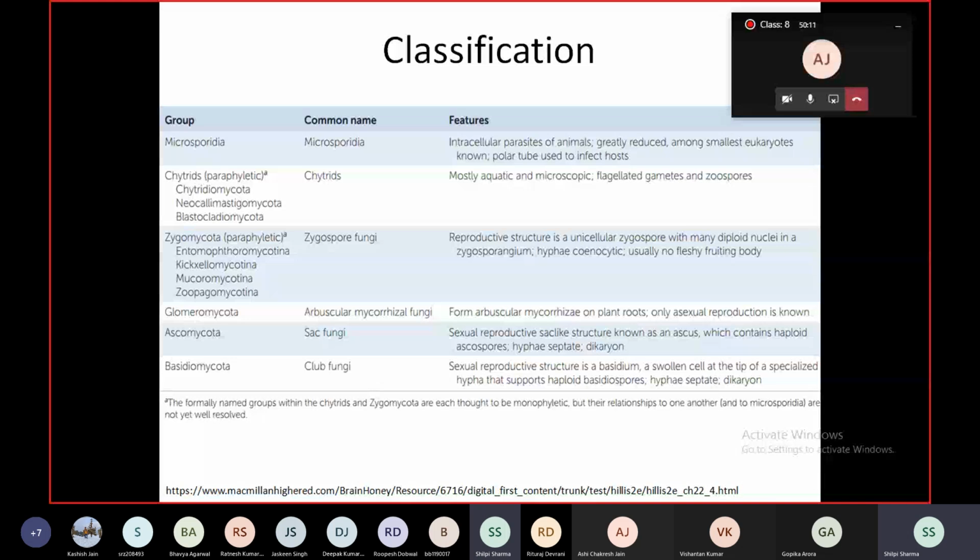Or let's say we are aware of both sexual and asexual stages in this kind of organisms. Those are called perfect fungi, while there are also imperfect fungi where we have only come across, till now, asexual phases. So that's called an imperfect fungi. The most rich in terms of diversity and the best studied are the dikaryon groups, the Ascomycota and the Basidiomycota. We'll study these in a little more detail later.